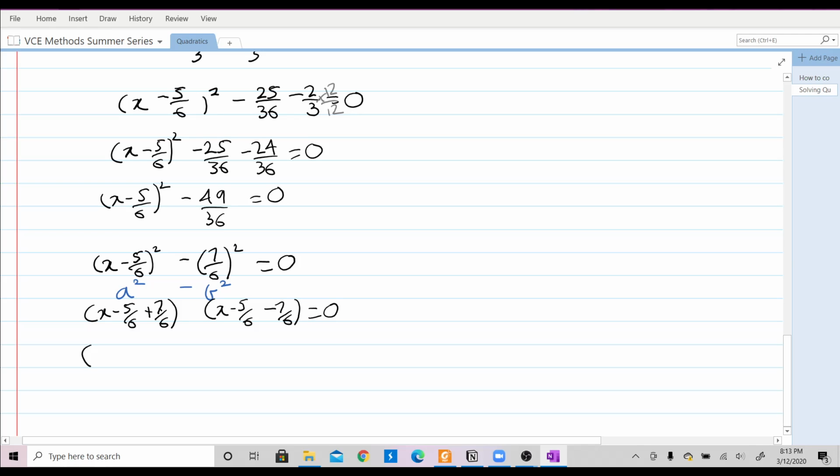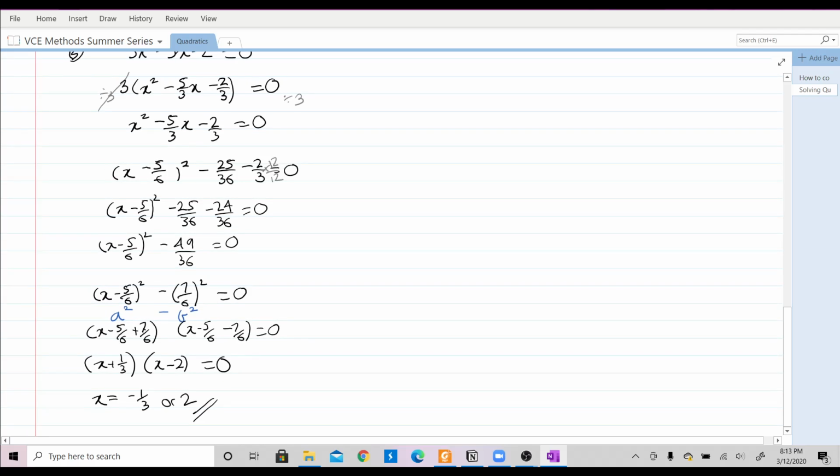Negative 5/6 plus 7/6 is equal to 2/6, which is 1/3. And negative 5/6 minus 7/6 is equal to minus 12/6, which is minus 2. So x = negative 1/3 or 2.